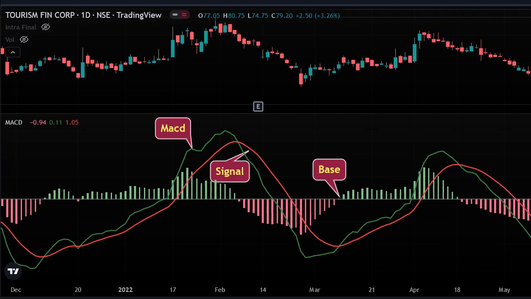Convergence means when both moving averages come closer, and divergence means when both moving averages split and go farther. The distance between them shows the trend movement and the momentum of the price.